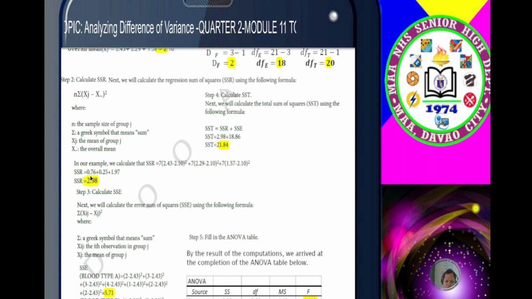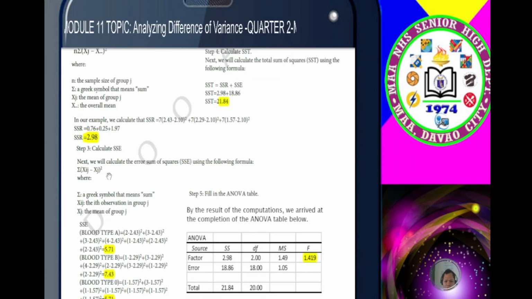This is the result after simplification. Our value would be 2.98. That is our SSR for the factors.